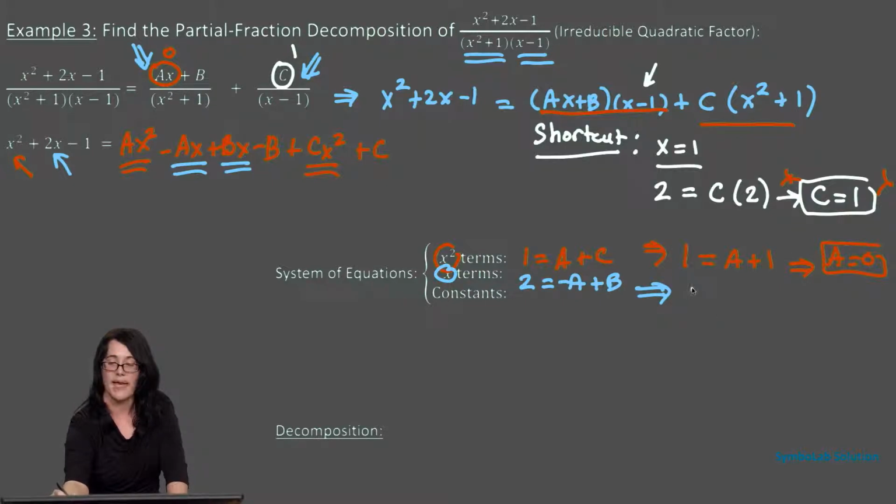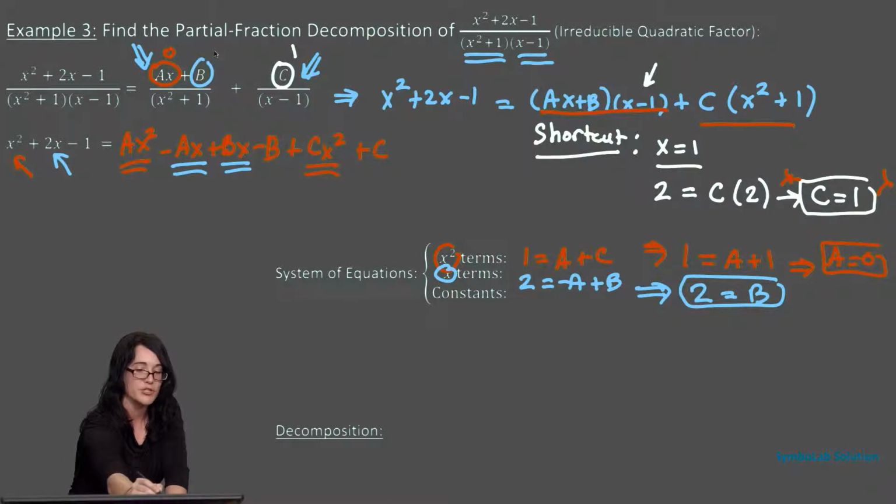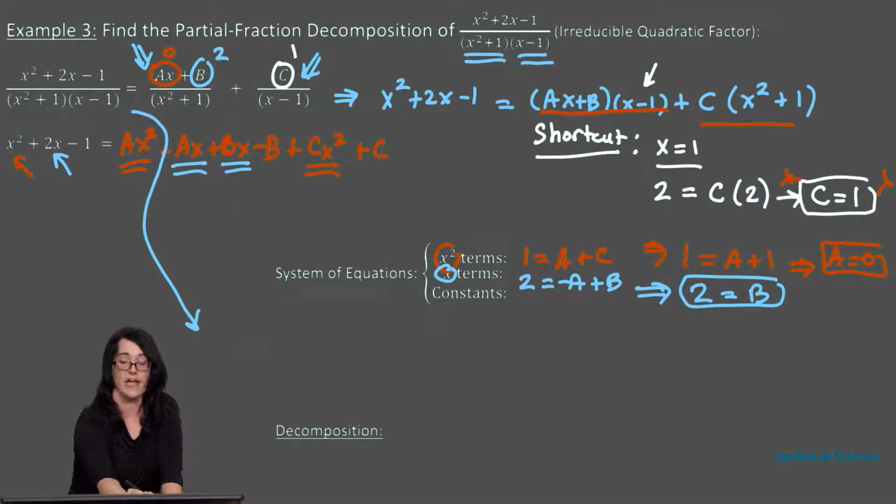So letting a equal 0, we'd have 2 equals, well, just b, isn't it, if a is 0. So we found a was 0, b was 2, and we now have answered this question. The answer for our partial fraction decomposition should have been 2 over x squared plus 1 plus 1 over x minus 1.